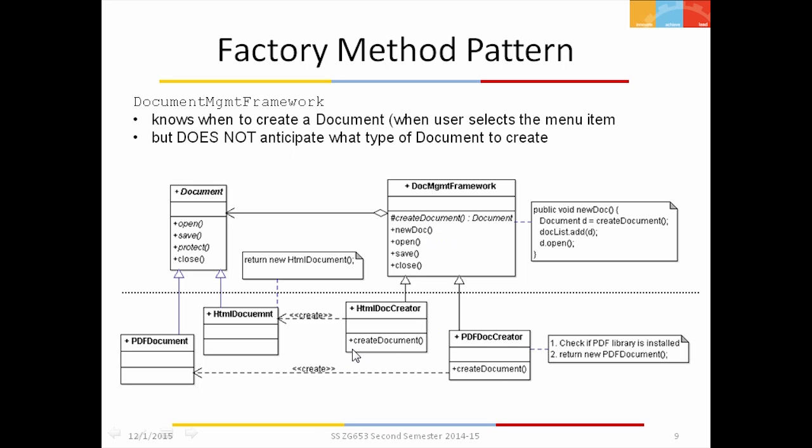Inside the body of this create document, it basically creates a new HTML document and then returns an HTML document type object. So if someone invokes new document on HTML document creator, then essentially this HTML document will be created and it will be added in the list.